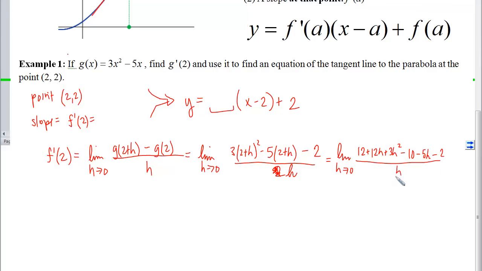Now remember, if we do this properly, everything that doesn't have an h in it should vanish off the top, so that what we have remaining has a factor of h in it. If I factor the top now, I end up with h times 12 plus 3h minus 5. Notice that the h on the top and bottom will cancel, and now if I compute the limit, let h go to 0, I'll have 12 minus 5, which is 7. I've now found that the slope is 7. I can go write it in my equation of the line.